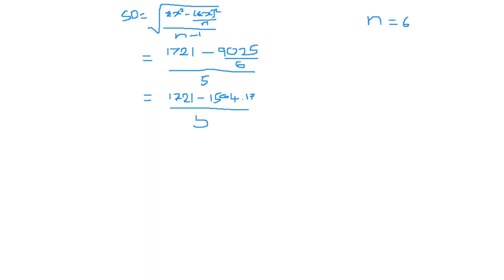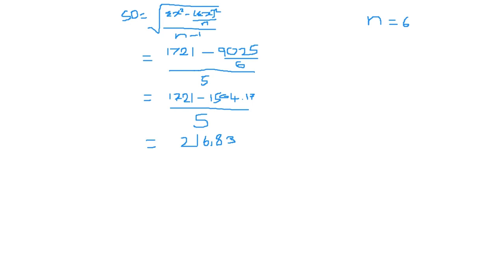Okay. There's another step. Somebody please tell me what 1721 minus 1504.17 is. I trust you. 216.83. Okay, do the last step.